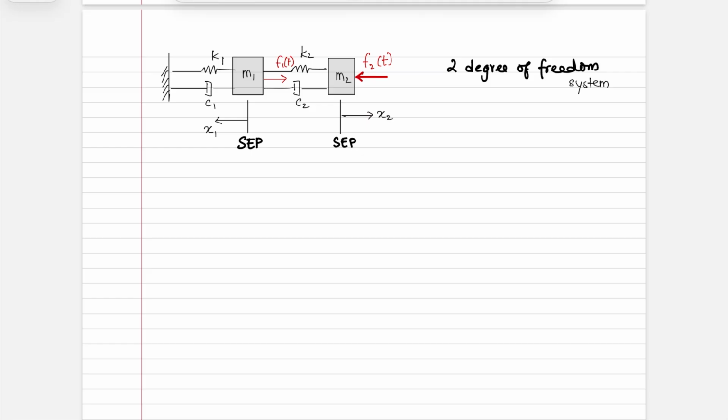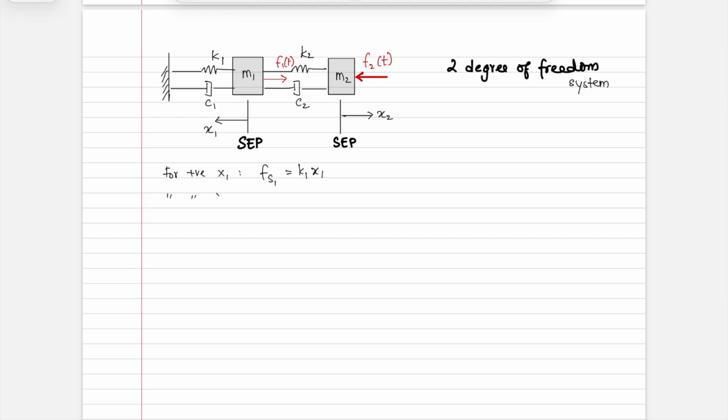Okay, so in this case, let's start with drawing the free body diagram. Let's say for positive x1, what can you write? You can say that this is moving to the left, so this would be in compression. So you can say Fs1 is equal to k1 x1.